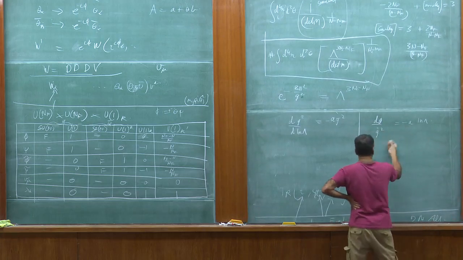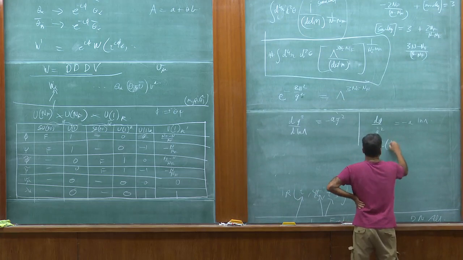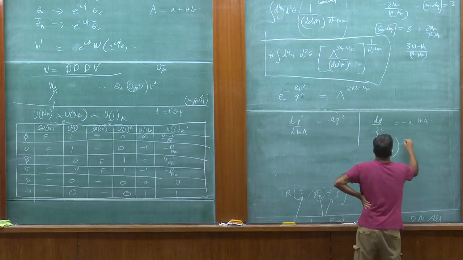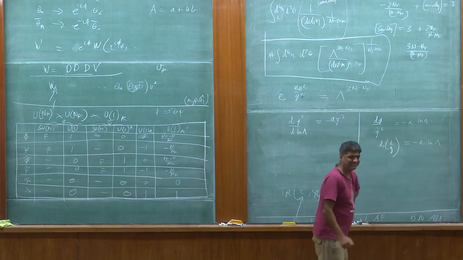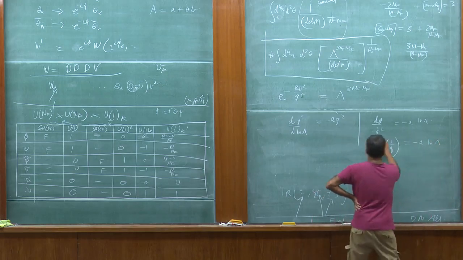Okay, so we integrate this. This is d of 1 by g is equal to minus A log lambda. Then I'll take the minus to this side.